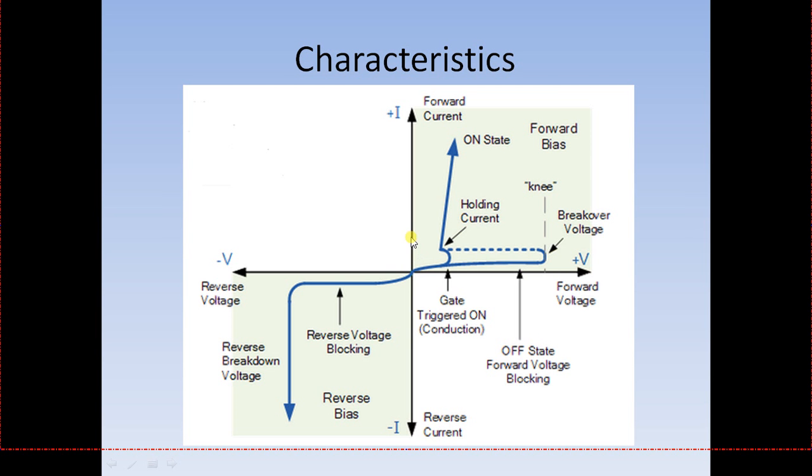Once the current through the device is greater than the latching current, the device is in the on state, and over here it acts as a linear device. Okay, and always remember the holding current is lesser than the latching current. Okay, we'll see what is the implication of holding current and latching current.